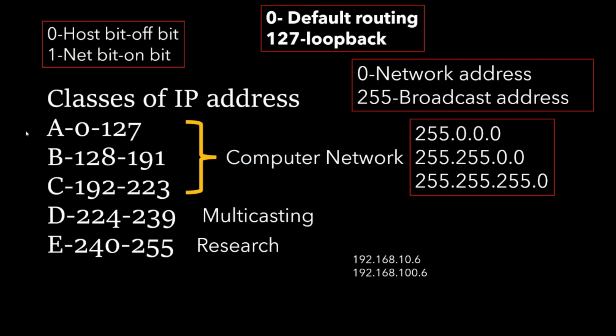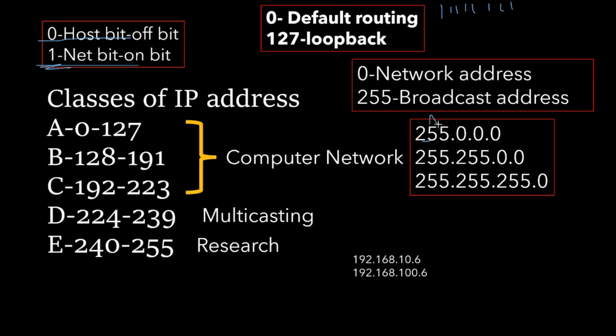In the subnet mask, how can we check the host part and the network part? In class A the subnet mask is 255.0.0.0. 255 converted to binary is eight 1s. Here 0 means host bit and 1 means network bit. So 1 means that part is for network.